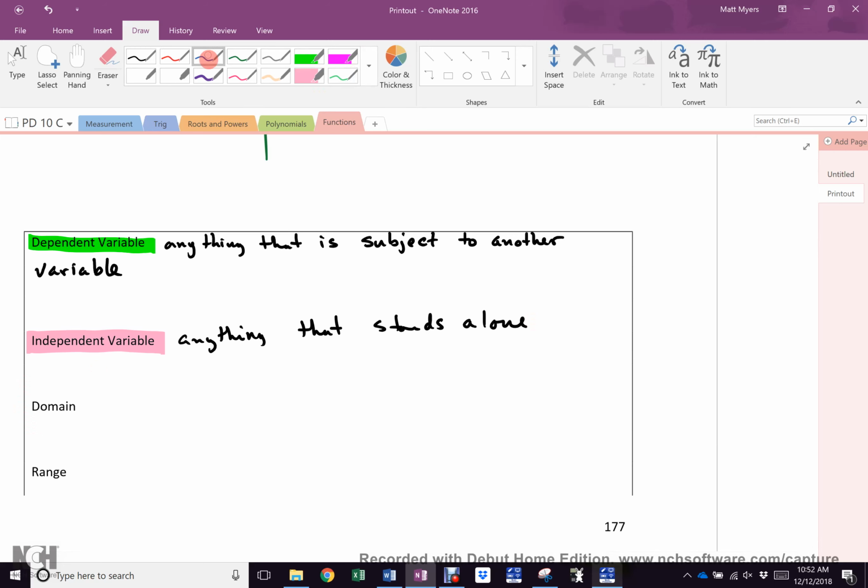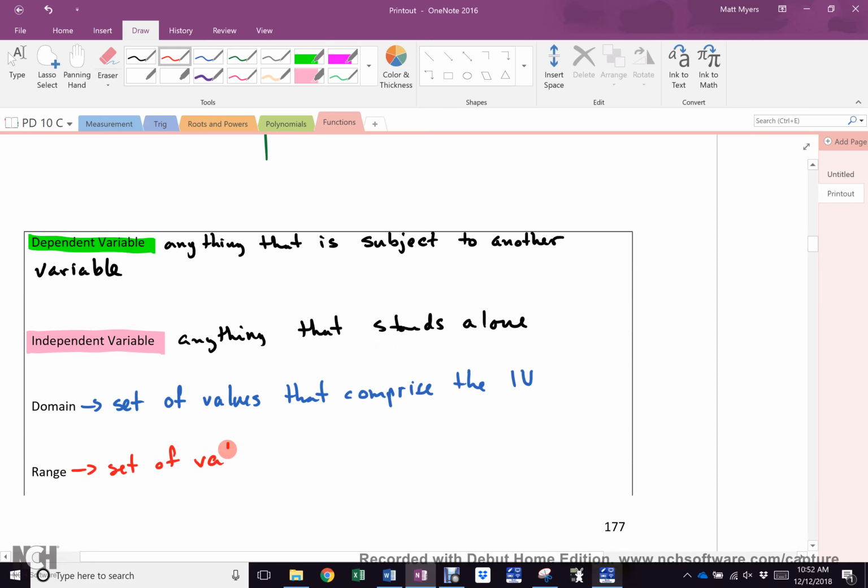All right, now, two more words. Domain. Domain is the set of values that comprise the IV, independent variable. So what then is the range?